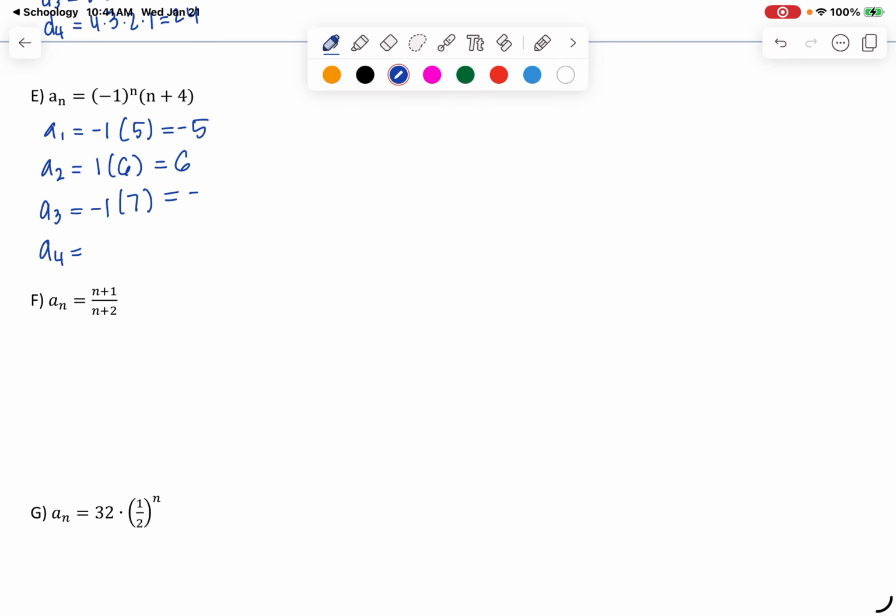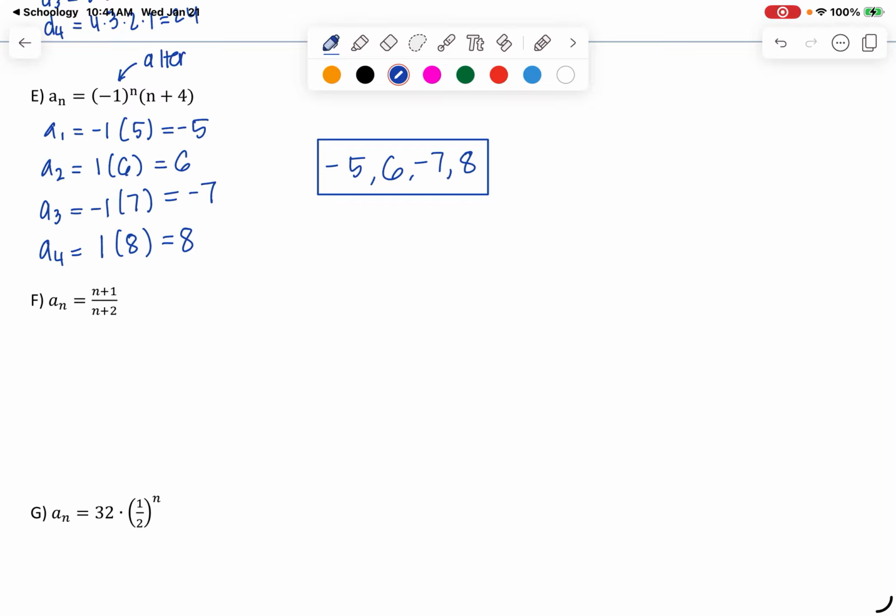And then let's pause and see if we can figure out what the next one is without actually doing it. So negative 5, 6, negative 7, 8. Let's check to make sure that is it, which it is, right? So positive 1 for plugging in 4, and plugging in 4, we get 8. All right, so let's see what's happening here. What did this do?